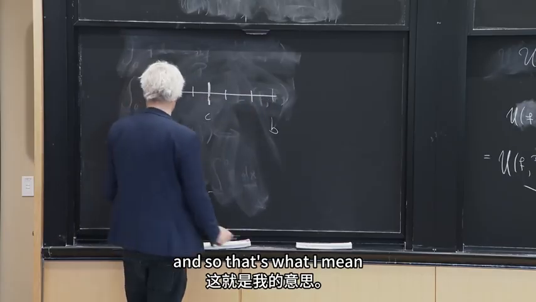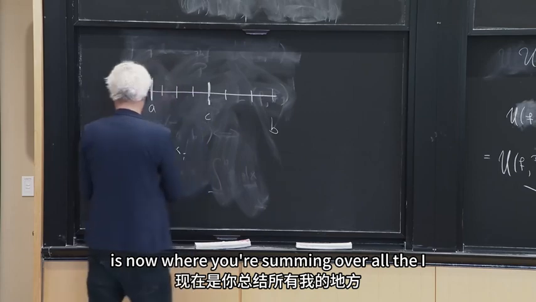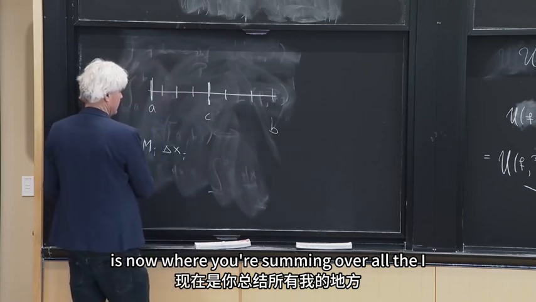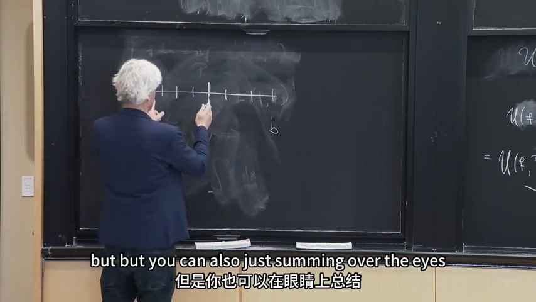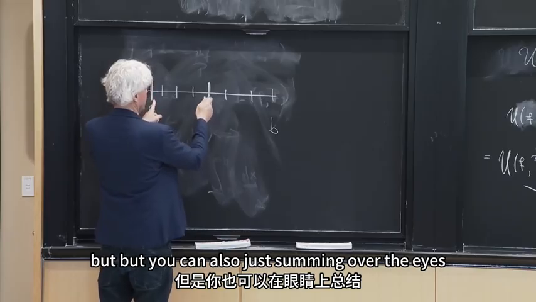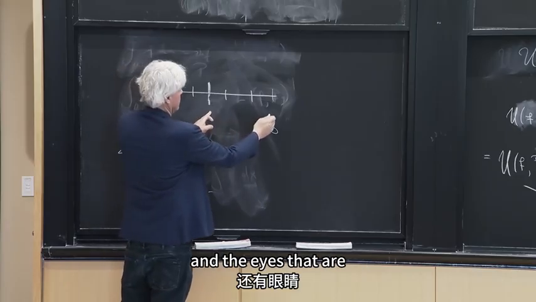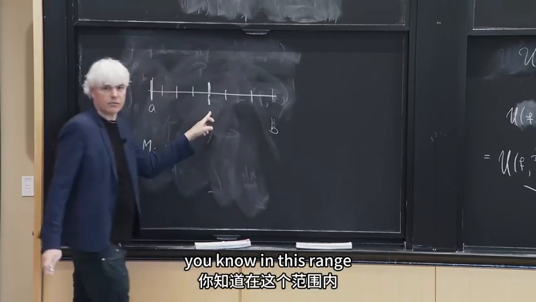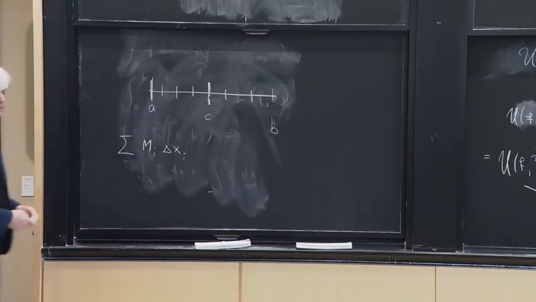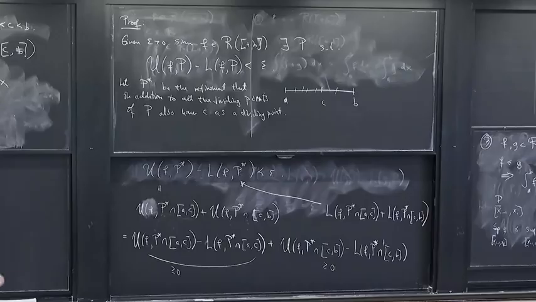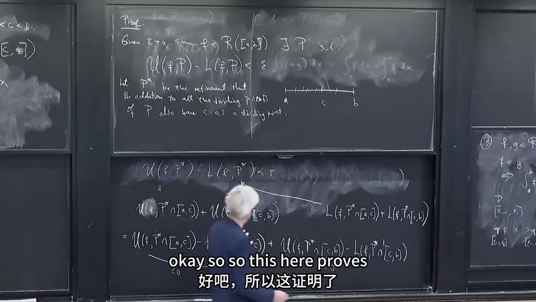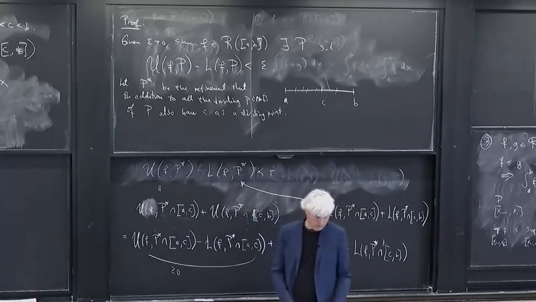So this here is where you're summing over all the i, but you can also sum over just the i's that are less or equal to C, and the i's that are in this range. Okay. So this here proves this here.